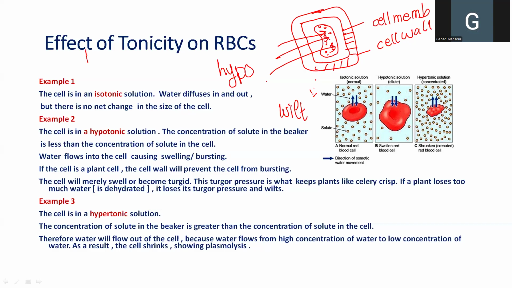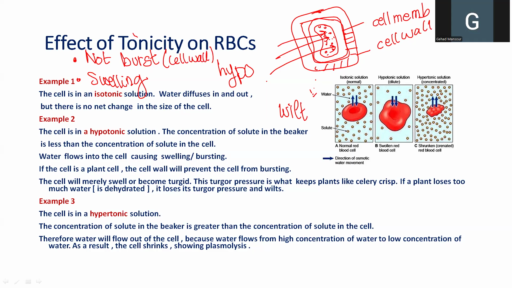But the difference is that it will not burst. There will be just swelling and increase in size of the sap vacuole. When the sap vacuole increases in size, there is no bursting because we have a protective cell wall.